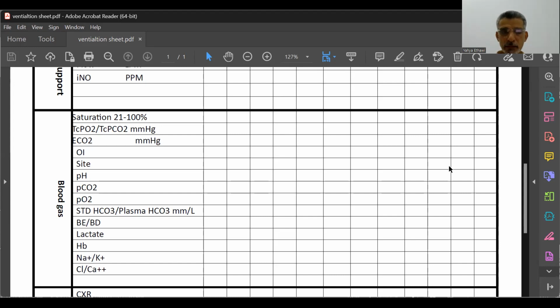So standard bicarb, calculated bicarb, is from the blood gas, while plasma bicarb is actually measured chemically by a machine, and usually comes with the electrolytes. Okay, so the standard or calculated bicarb reflects the CO2 and the pH. So it's not actually reflecting the real bicarb. Okay, and the difference, if we measure both, what's real bicarb is the plasma.